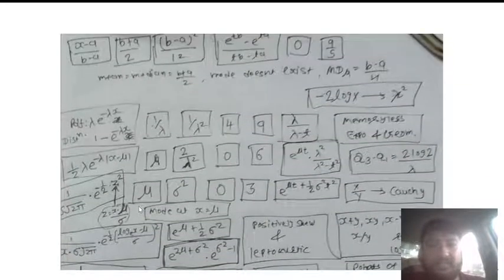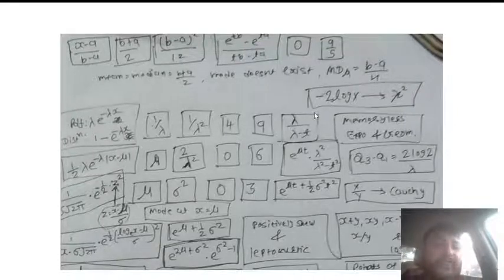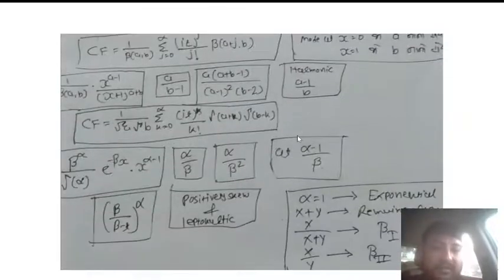See, the gamma distribution has the extra power alpha. So if in the gamma distribution alpha is equal to 1, then it turns into a similar moment generating function, and it will turn into an exponential distribution. That is what I was trying to say.